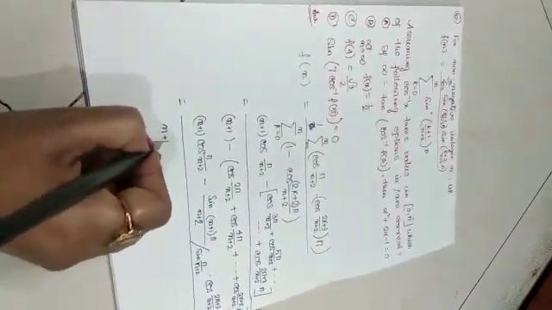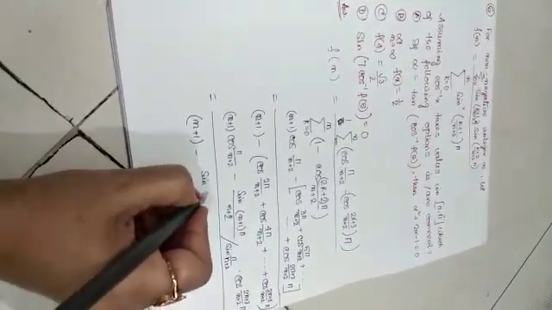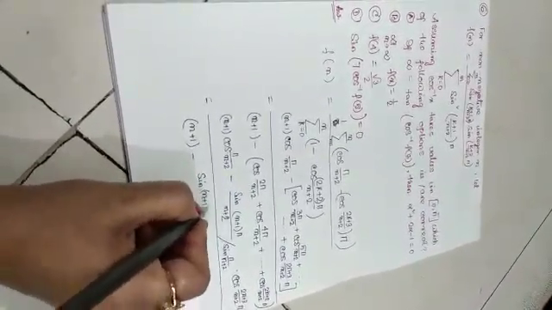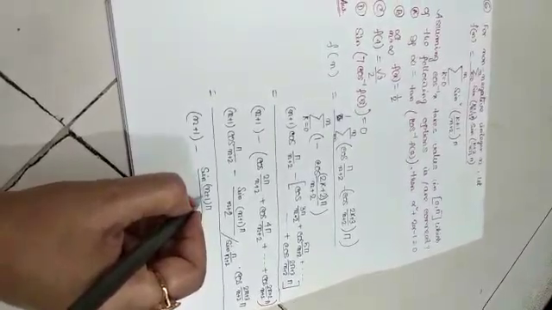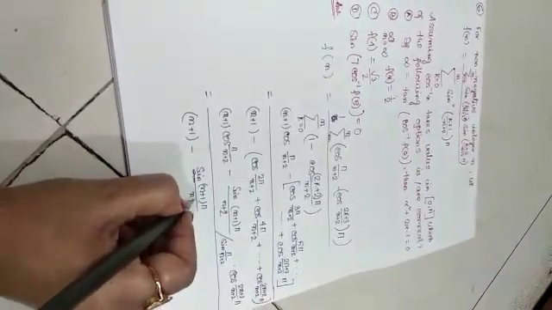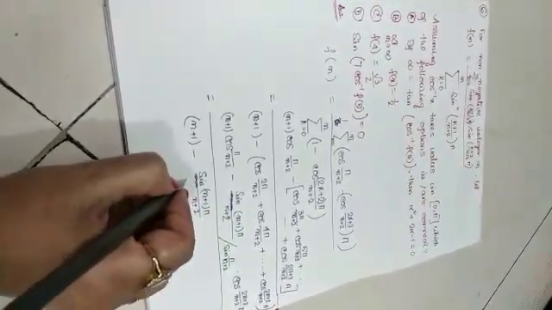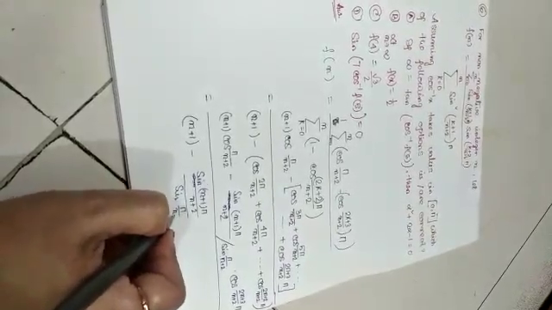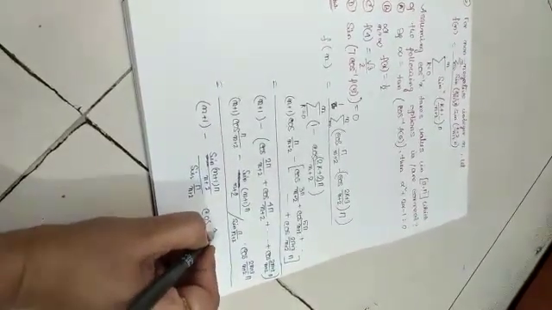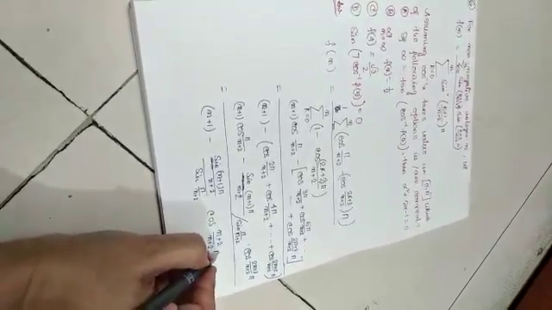This becomes n plus 1 minus sine of (n+1) pi divided by n plus 2, divided by sine of pi by n plus 2 into cos of (n+2)/(n+2) into pi.